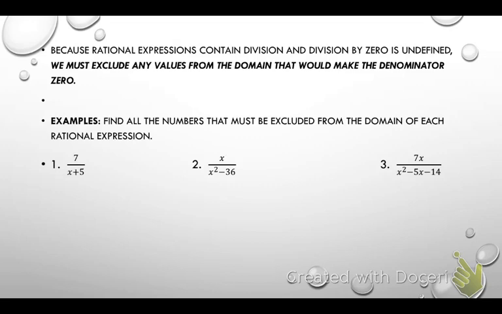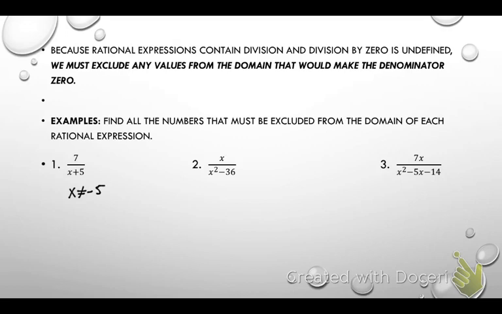So like on 1, where it's 7 over x plus 5, what can x not be? If x is a certain value, what is going to make it 0 on the bottom side? Negative 5. So as far as whenever we finish solving, we would just say x cannot be equal to negative 5.